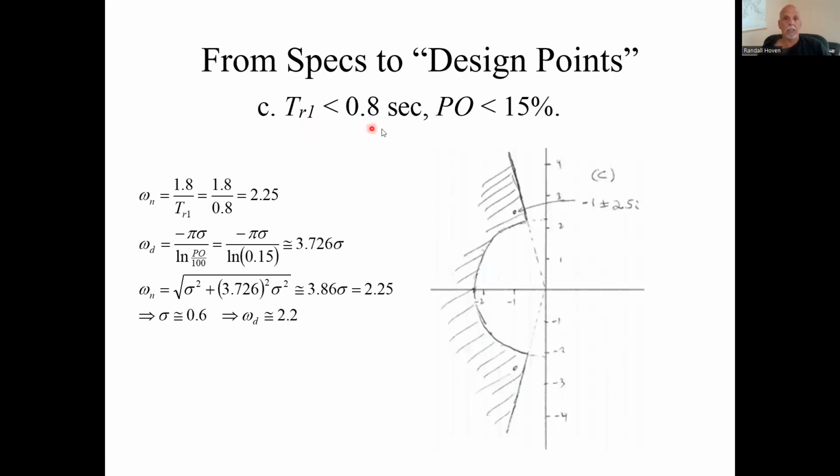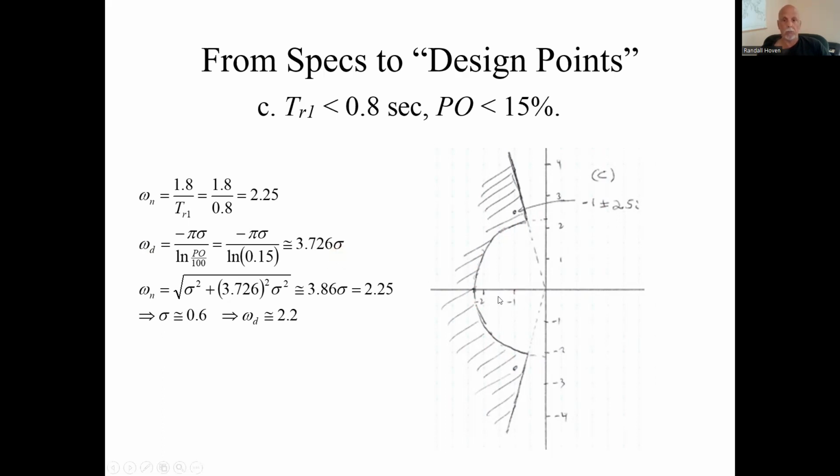What if I had a rise time spec and a peak overshoot spec? Well, the rise time spec gives me this omega sub n, which is this circle. In this case, 2.5. So there's that circle. The peak overshoot gives me a relationship between omega d and sigma. And to draw it, I could pick any convenient sigma, like 1.